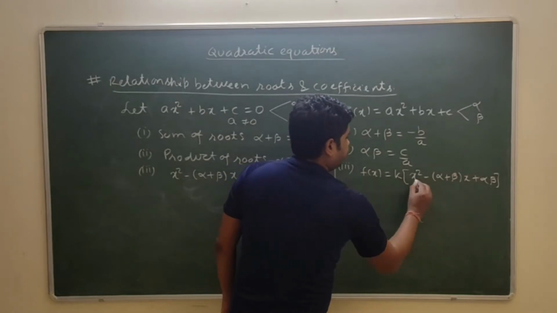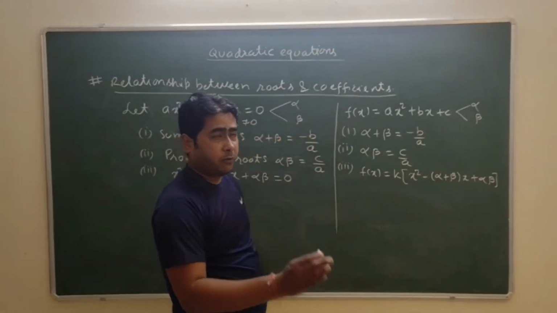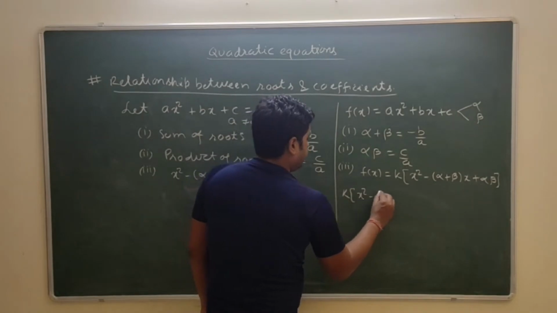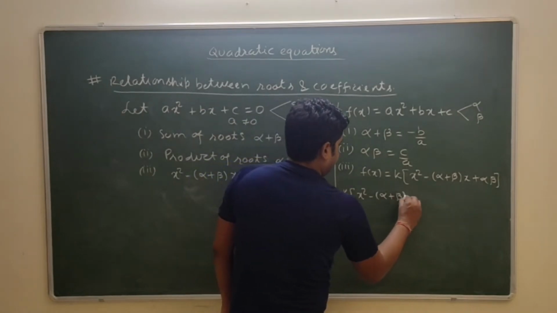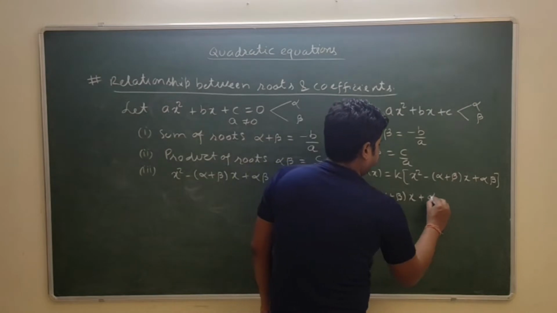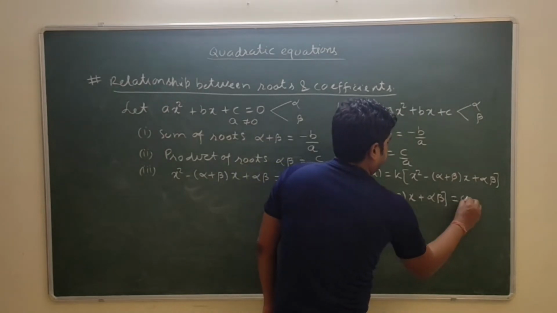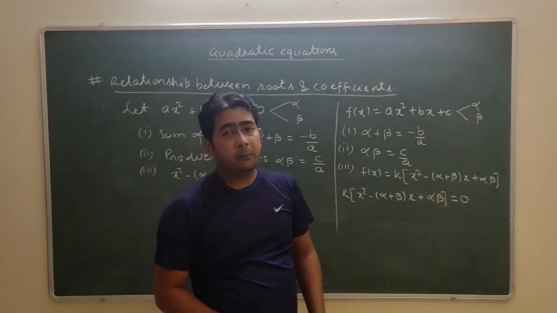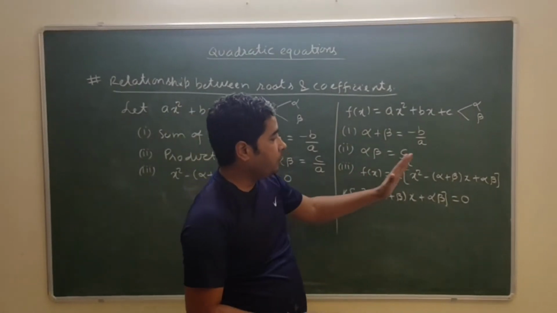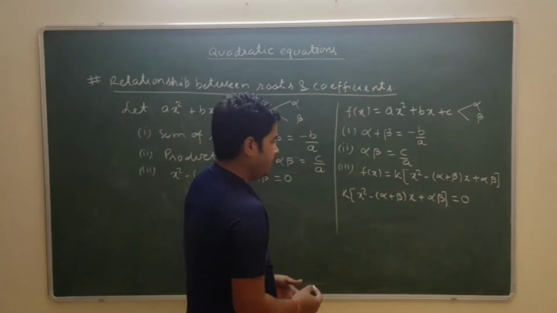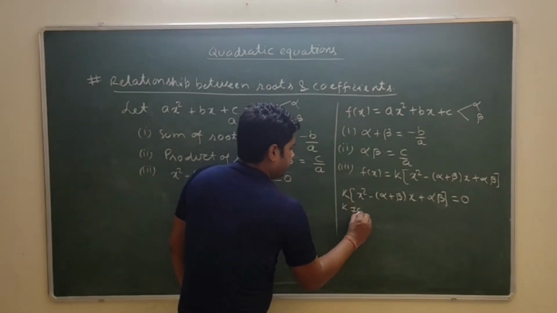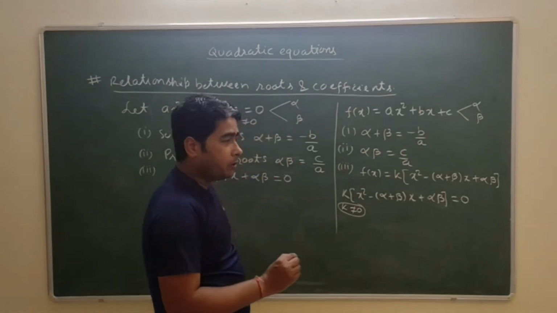Suppose this is your quadratic polynomial and you have to form a quadratic equation from it. Then we will just equate this with the constant number 0 on the right hand side. To get an equation from any polynomial, we just equate that polynomial with 0. This k is a constant number which is not equal to 0. K is definitely not equal to 0.